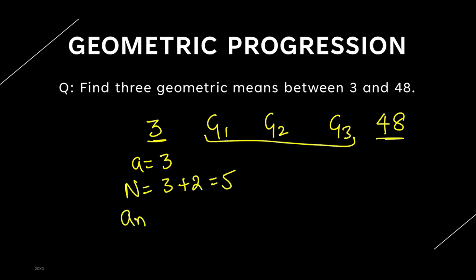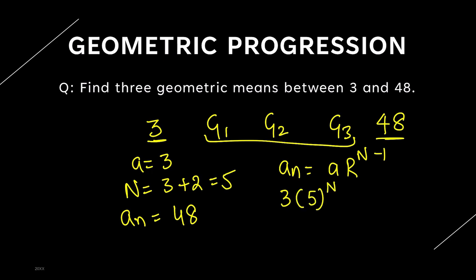What is the last term, the nth term? 48. So you will say an is a r raised to n minus 1. So a is 3, n is 5, sorry for the mistake here. We still don't know what r is, but we know a is 3, r, n is 5 minus 1, equal to 48.